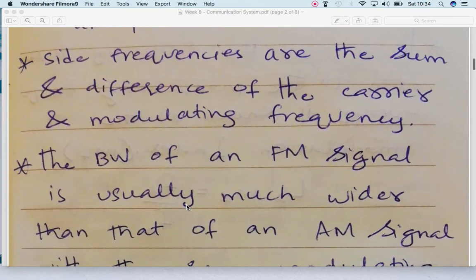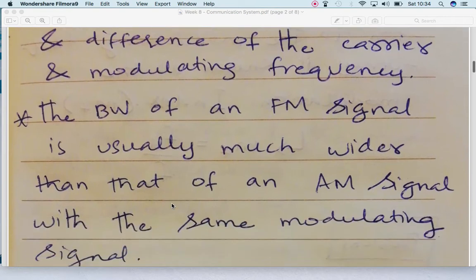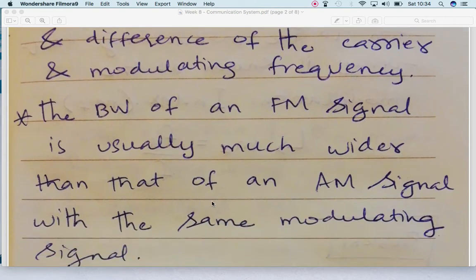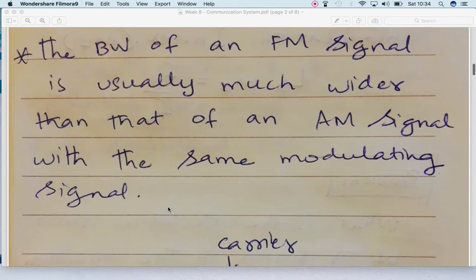The bandwidth of an FM signal is usually much wider than that of an AM signal with the same modulating signal.